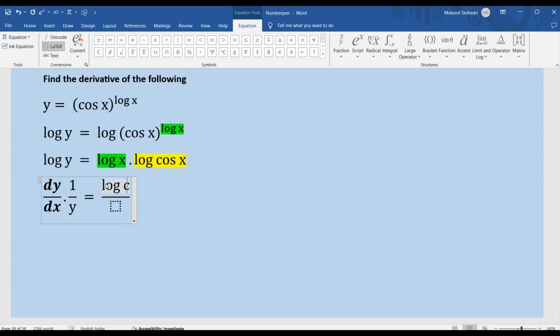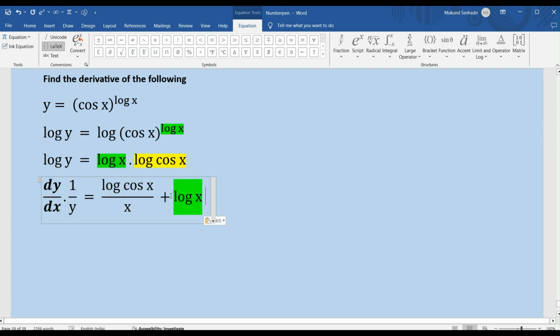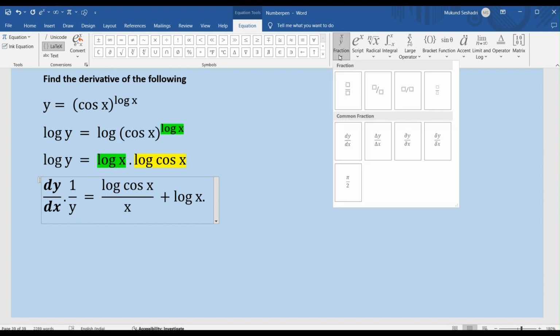So my first part of the RHS is nothing but log of cos x divided by x. And then I do a plus. I retain the green expression as it is, which is my log x, times d by dx of log of cos x.